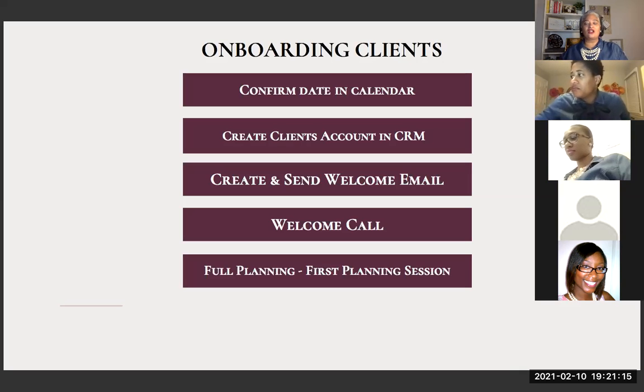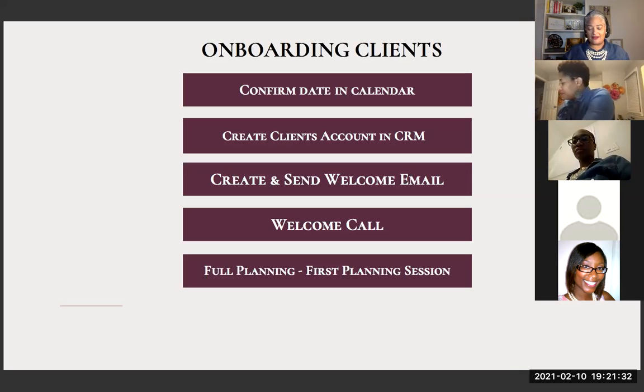Then you're going to create your client's account in your personal CRM, your client or customer relationship management system. It could be Honeybook, Dubsado, or 17 Hats. If you have Aisle Planner, they also have a route where you can do the contracts and everything in there.